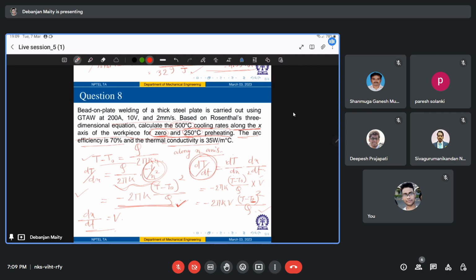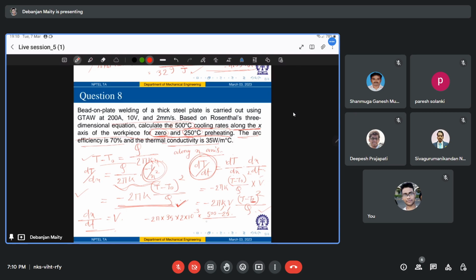Can you do some calculation here? So you have this k value as 35 watt per meter degree C. Your velocity v is 2 mm per second, and you need to convert it into meter per second. So this is basically minus 2 pi into 35 into 2 into 10 to the minus 3 into (500 minus 25, the room temperature), squared, divided by your q value.